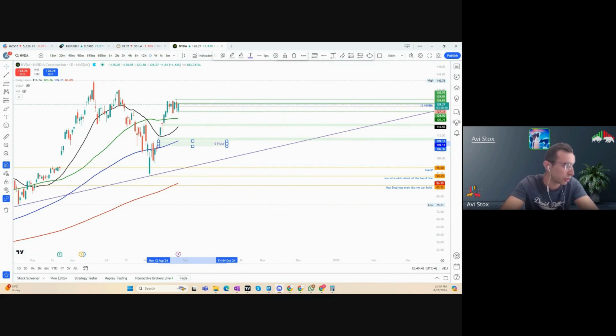Oh shit. Hold on. Nvidia. Plan for long.